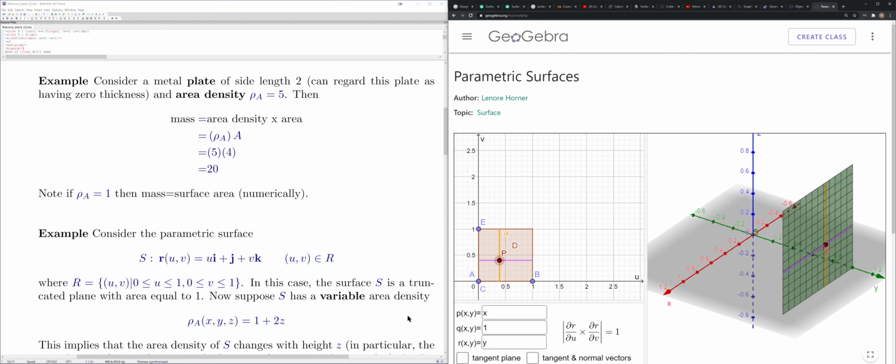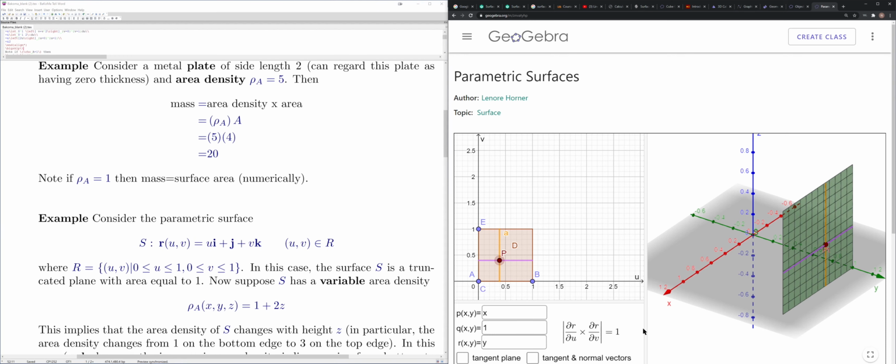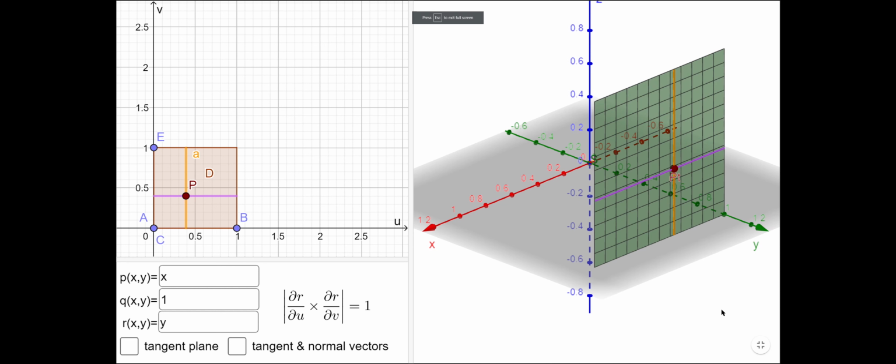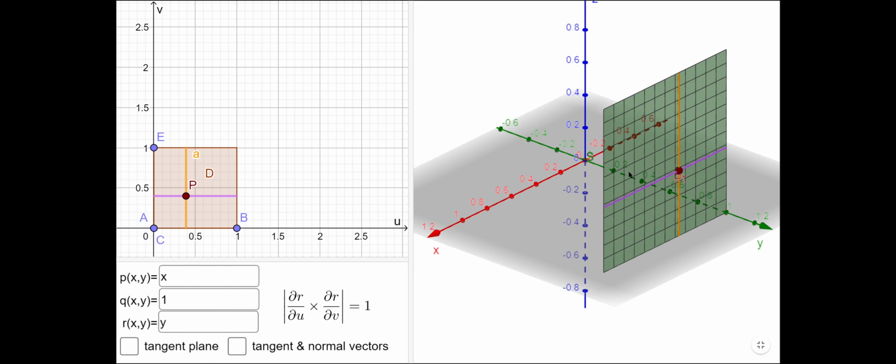But what can happen is that it's possible that the area density, the density from point to point, could change. For example, if we're thinking of this as a metal plate, and you have some sort of manufacturing imperfections, the density could potentially change from point to point.